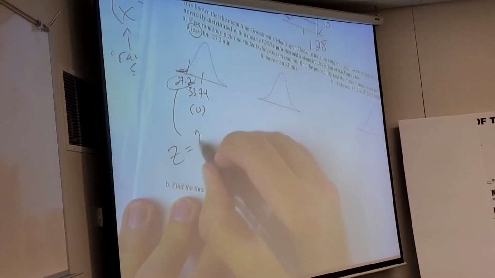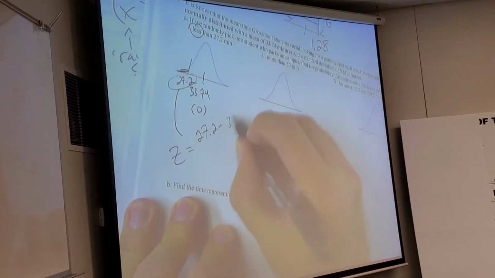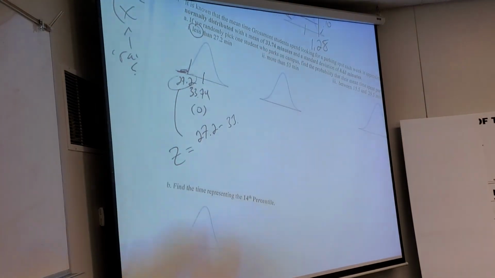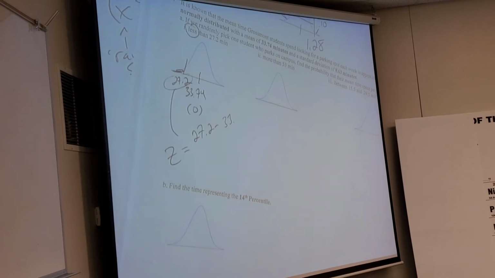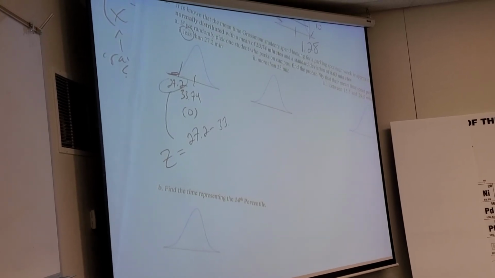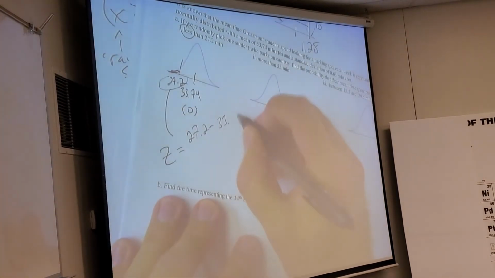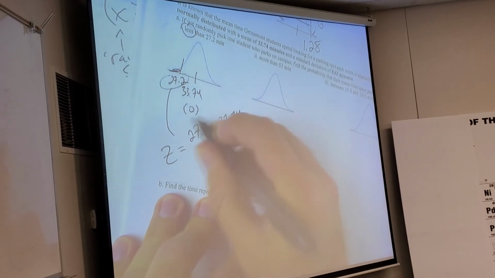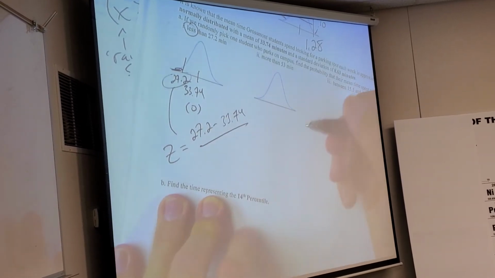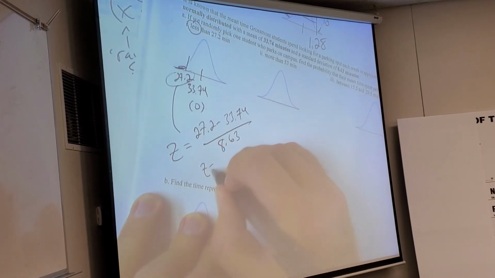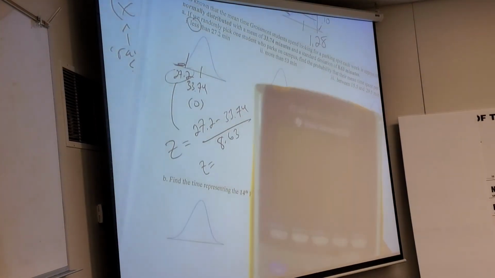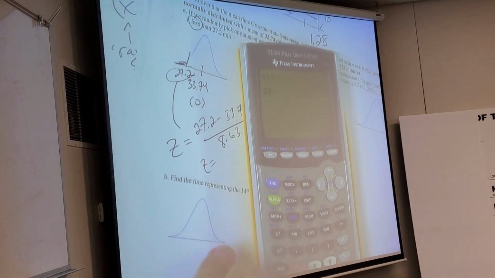Yeah, it's always my data point minus the mean. In fact, from the picture, can I tell already what kind of z-score it's going to be? Of course, it's going to be a negative one because it's below the mean. If you draw the picture right, it helps you in multiple ways. Divided by the spread. 27.2.